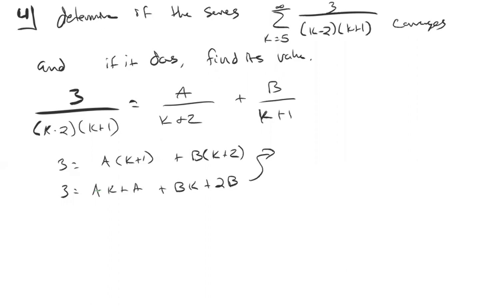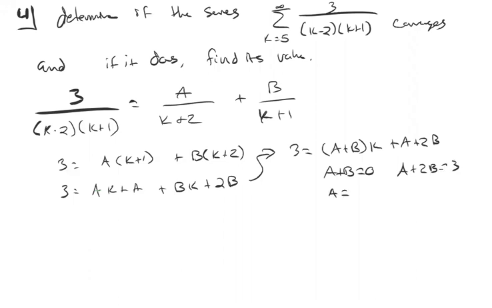And then we'll group like terms. So we have 3 is A plus B times k plus A minus 2B. So we get 2 equations from this information. We know that A plus B has to be 0 because there's no k's on the left-hand side. And we know that A minus 2B has to be equal to 3.